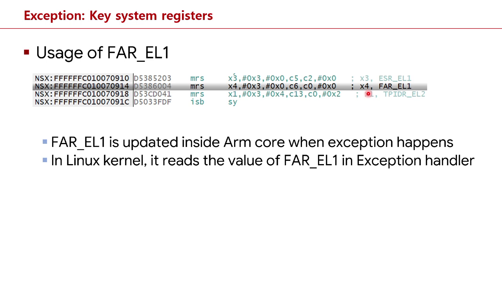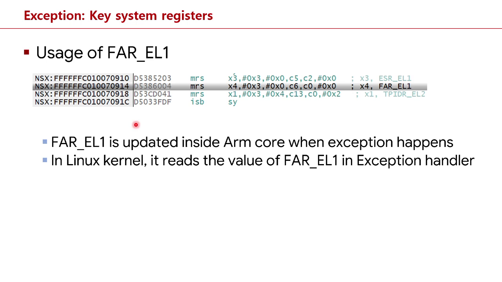As you know, the X4 register is one of the general purpose registers in the Armv8-A architecture. Remember that this register, the FAR_EL1 register, is updated inside the ARM core when an exception happens. So usually, software does not write a value onto the FAR_EL1 register.